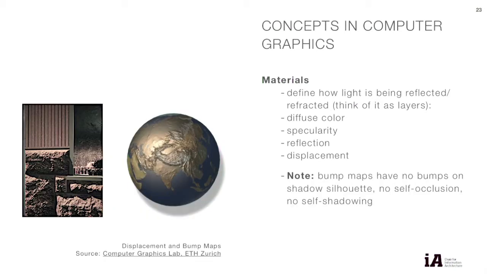Then, at last, a short note about bump maps. You shouldn't use them. Use displacement maps instead. Why? Because you don't have a silhouette shadow here. You see that? You don't have the mountains, the Himalaya, giving a shadow below here.